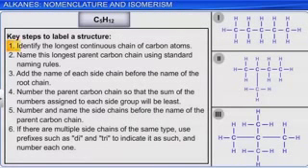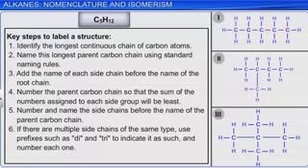Now, first identify the longest continuous chain of carbon atoms. Structure 1 contains 5 carbon atoms. Structure 2 contains 4 carbon atoms. And structure 3 contains 3 carbon atoms in the parent carbon chain. Next, name this longest parent carbon chain using standard naming rules.